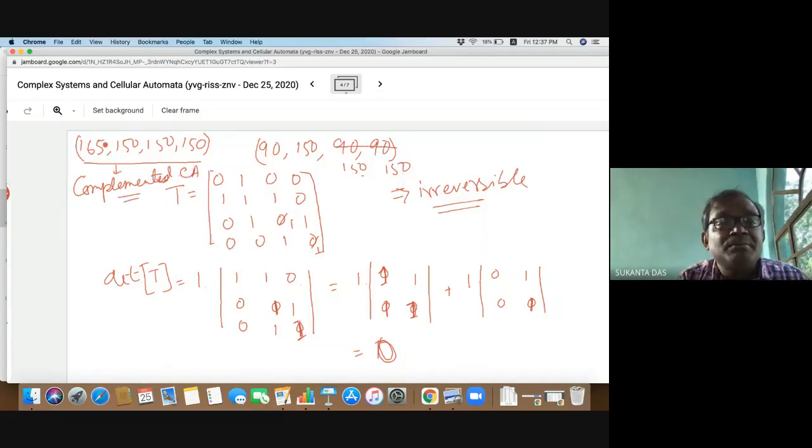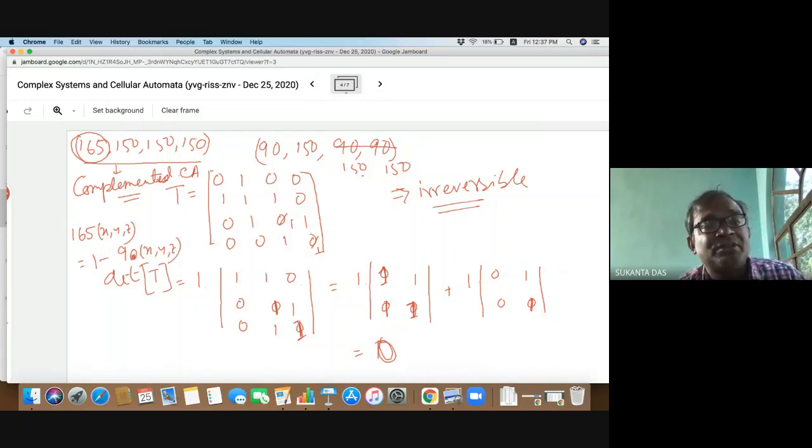Why complementary CA? Because this rule is a complementary rule. You can check that 165 XYZ, if I write in this fashion, is actually the complement of 90 XYZ. I am not going into detail; you can check, just 1 minus complement of 1. So 165 is a complemented rule, and therefore this CA is a complementary CA.